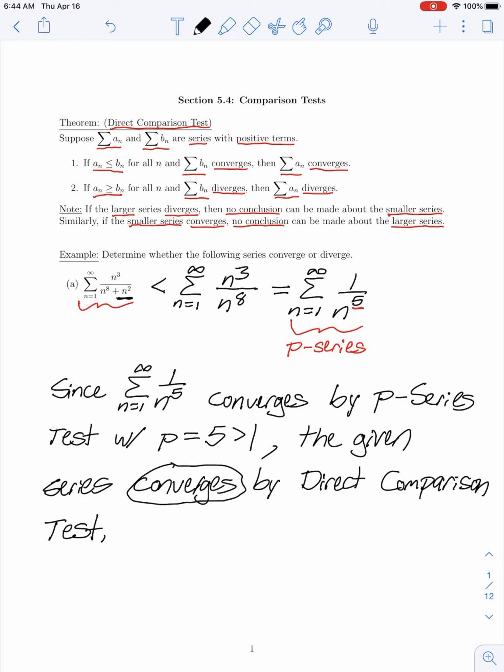So we always want to be sure in these problems to state the name of the test we're using, and if we need to guarantee convergence of any other series that we're comparing this to, we need to state which tests we're using to get convergence of those series. So let's look at some other ones, get a little more practice with this.